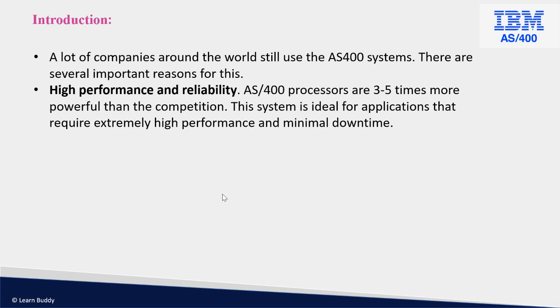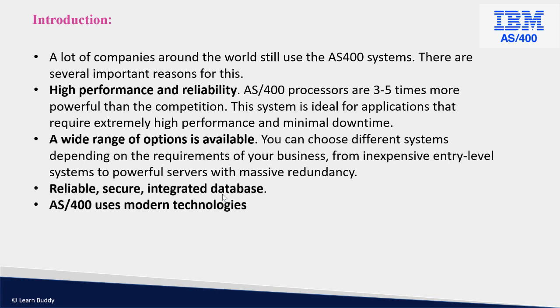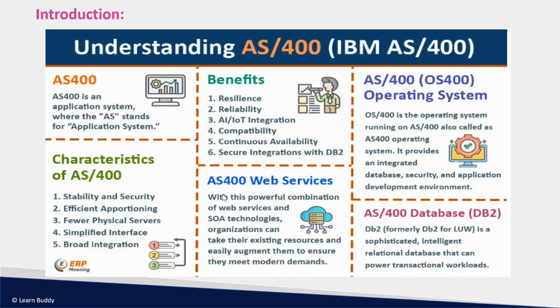Its processor is 3 or 5 times more powerful than the competition. Then a wide range of options is also available, because in AS400 you can write Java, PHP, Python, C++ if required. You are not limited to one language; we can also write other languages here. And it has a secure and integrated database, and AS400 uses modern technologies.